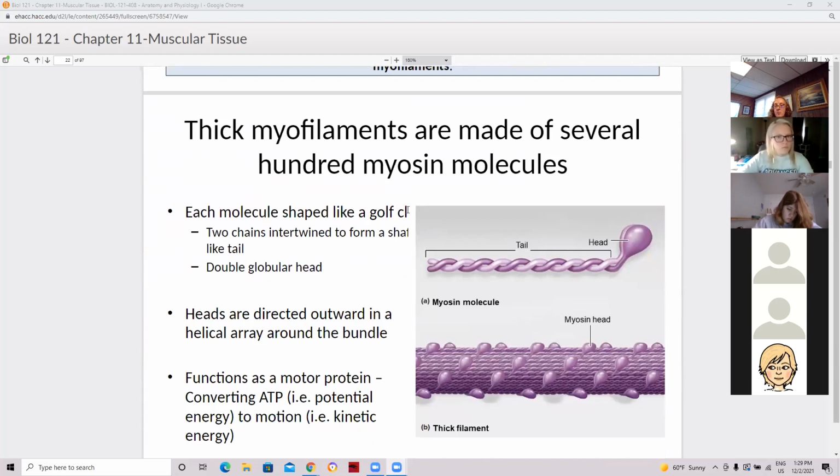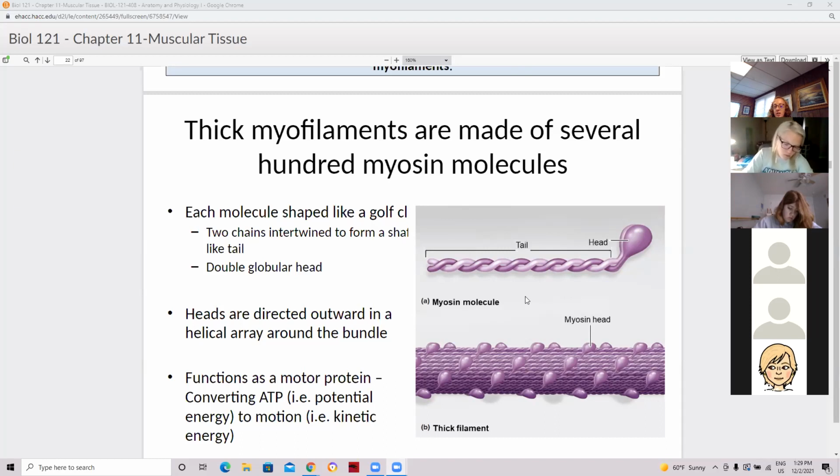The thick myofilaments are made of hundreds of myosin molecules. Each molecule is shaped like a golf club. There are two chains intertwined to form the shaft-like tail, and then there's a double globular head, which is going to bind to the actin.